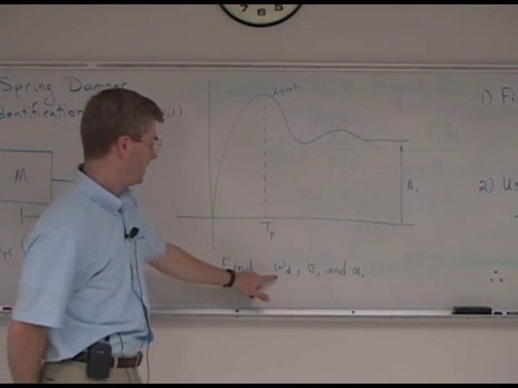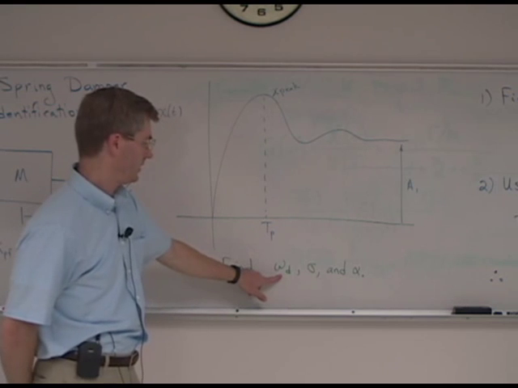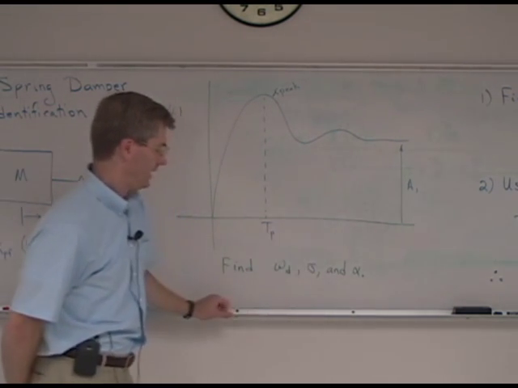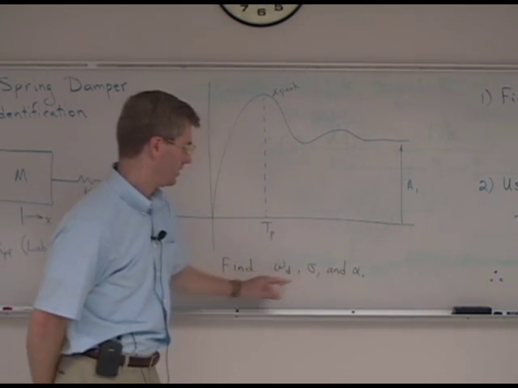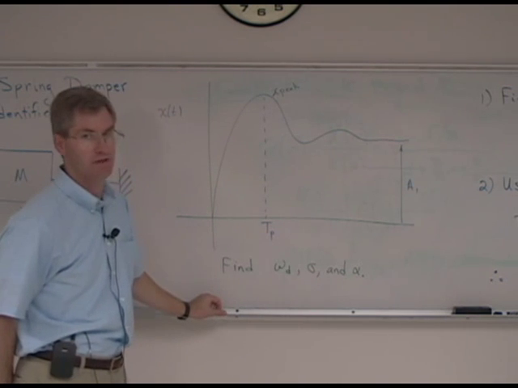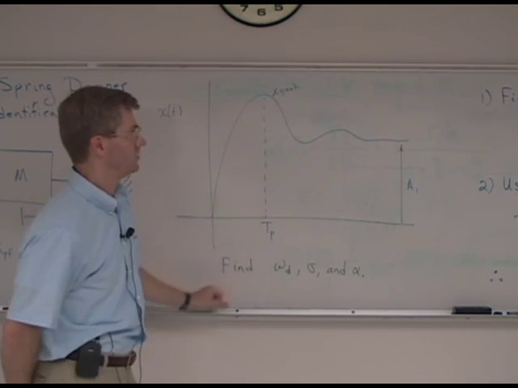We want to now find these parameters, our damped frequency, our damping, and our gain value that are in our transfer function G of s from these parameters that we measure physically in the response trajectory.